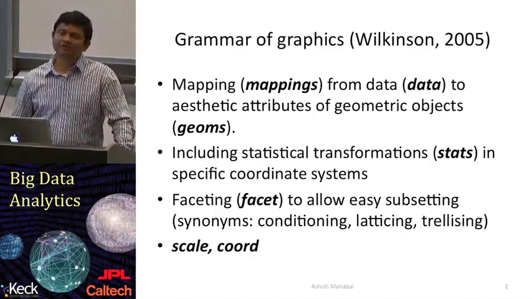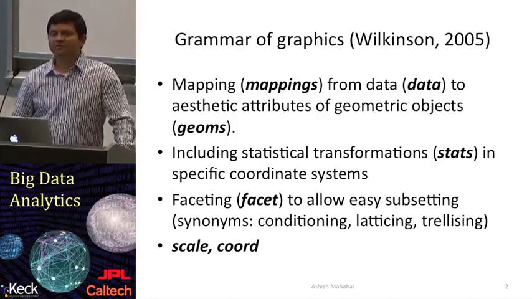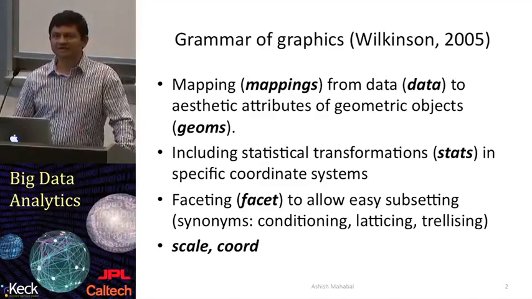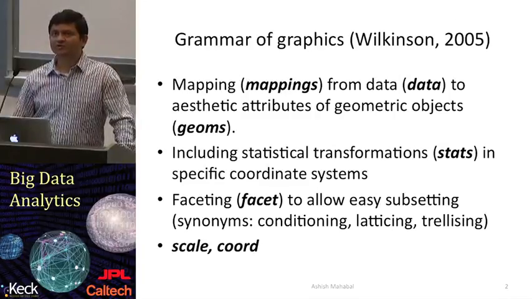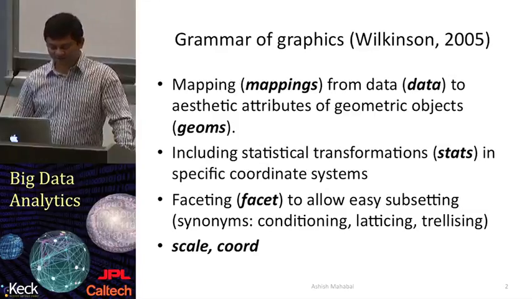By a facet, what one means is that if one has a categorical variable, a variable which is not continuous and has some discrete values, then you can divide your data or facet your data on that particular variable. And ggplot allows you to very easily plot each variable separately in a separate subplot, and that can be extremely useful. We'll be seeing an example of that later.